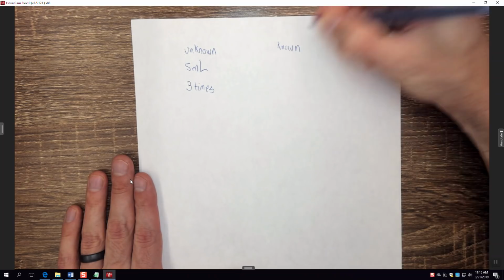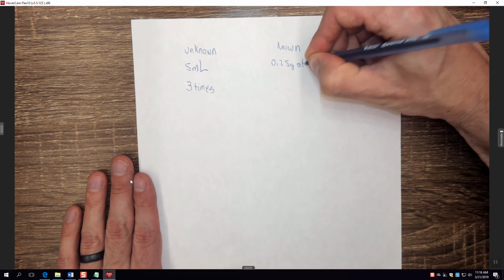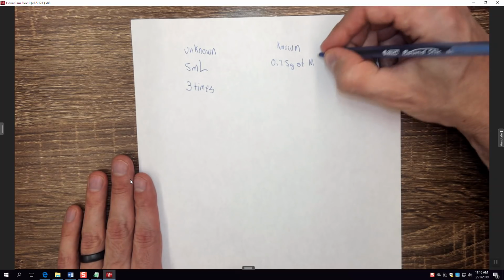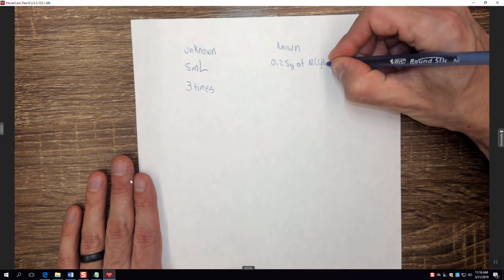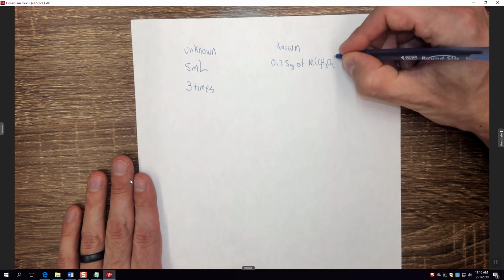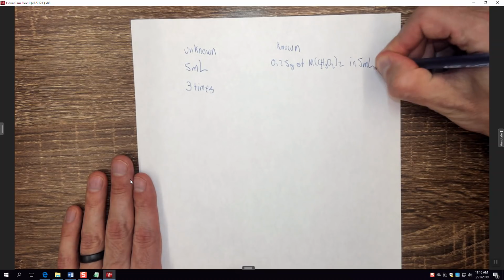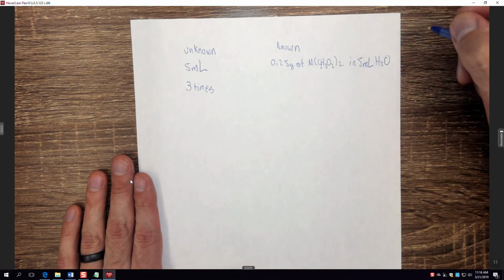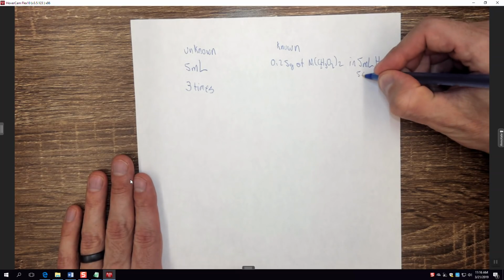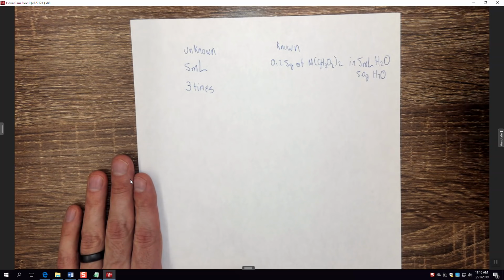And for your known, you're going to take 0.25 grams of metal 2 plus acetate in 5 mLs of water. And 5 milliliters of water is approximately 5 grams of water because you're going to have to calculate the molality.